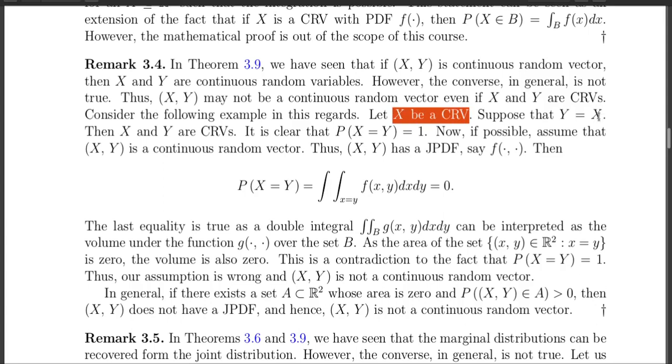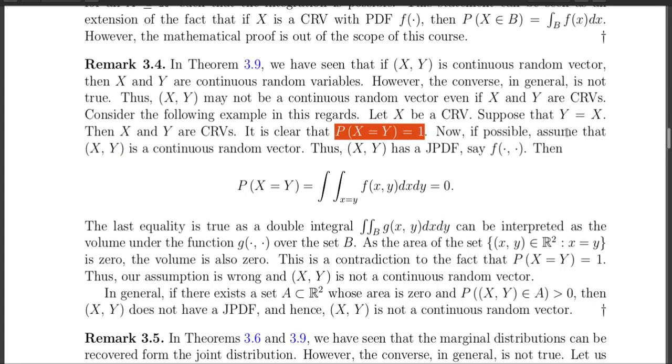So x is a continuous random variable, and as x and y are the same, y is also a continuous random variable. We are going to show that the random vector (x, y), where both components are the same, is not a continuous random vector. Before going into that, notice that the probability that x equals y has to be equal to 1, because that is how we have defined y.